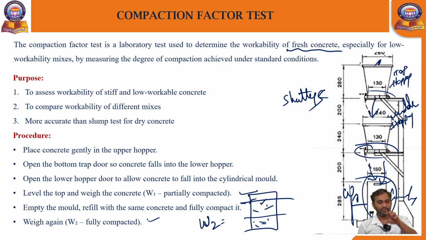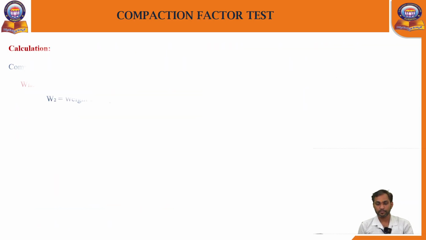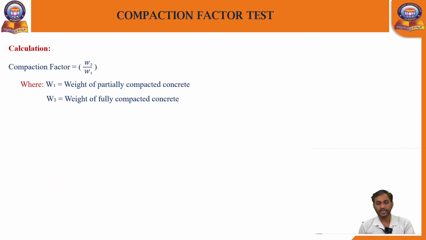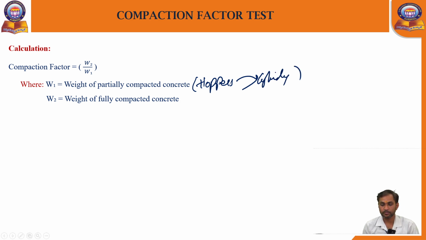Now I come to the calculation part. What is W1? The weight of the partially compacted concrete, transferred from the hoppers to the cylinder. Next, what is fully compacted?